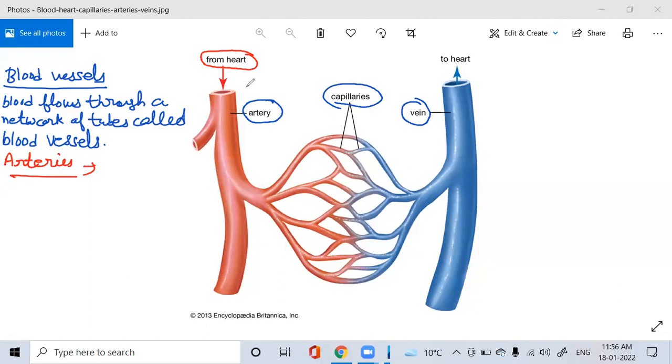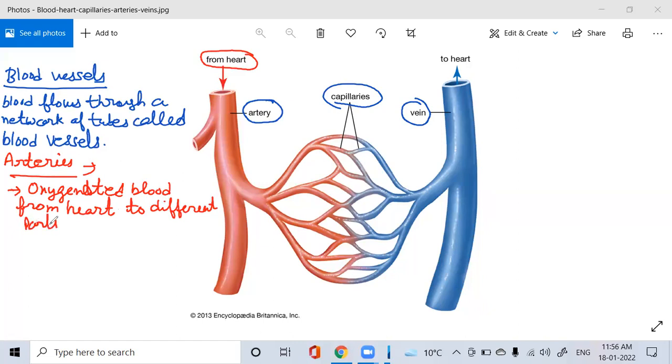From the heart, what kind of blood will they carry? They carry oxygenated blood, blood rich in oxygen, from the heart to the different parts of the body.